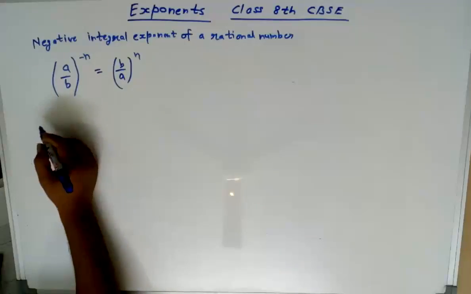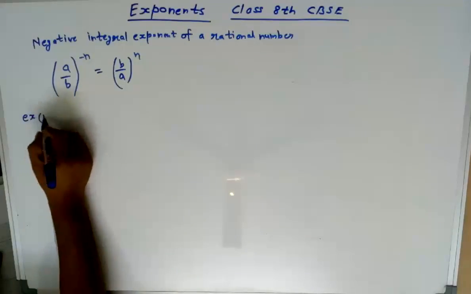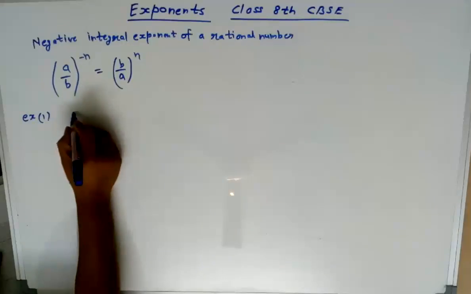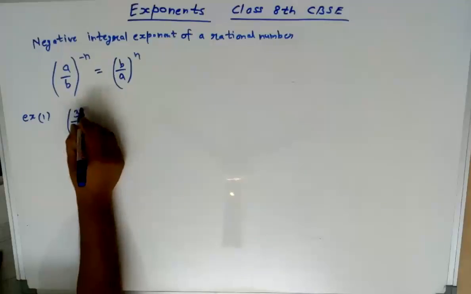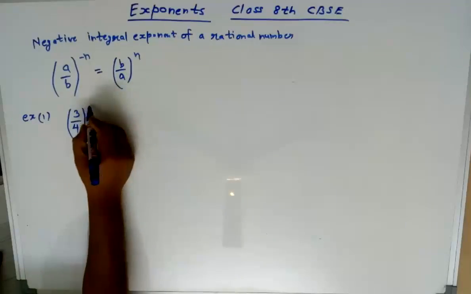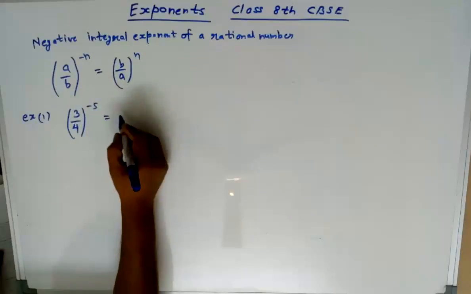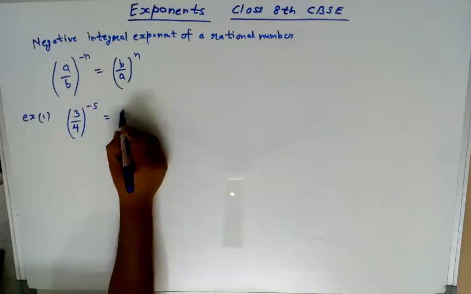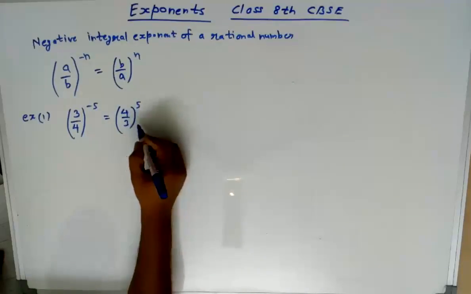Let us discuss some examples of it. Example first. Let 3 upon 4 be a rational number, and its exponent is minus 5. So we can write it as the inverse of 3 by 4, that is 4 by 3, and the power will become positive.